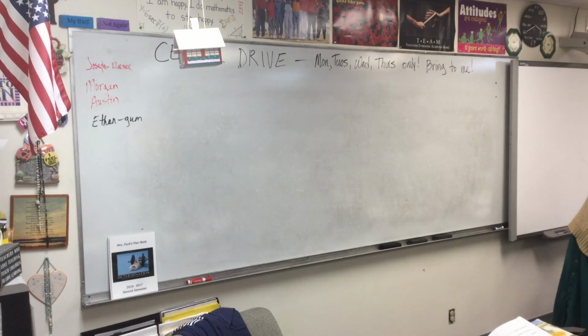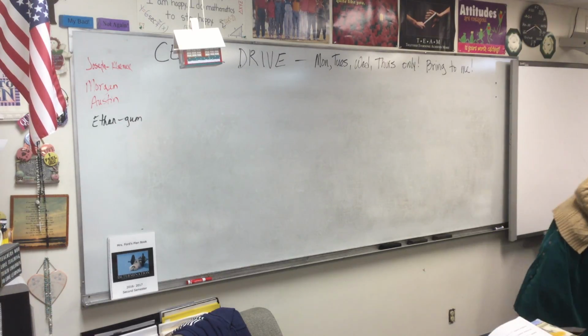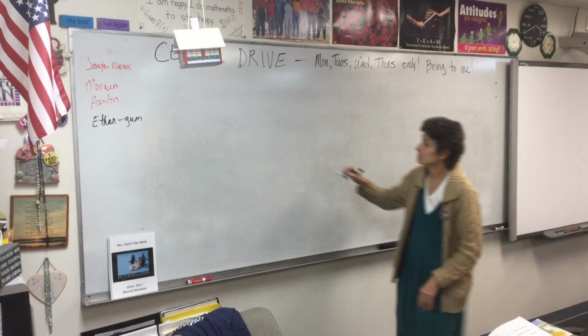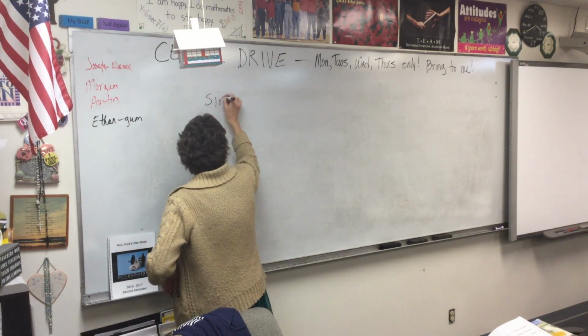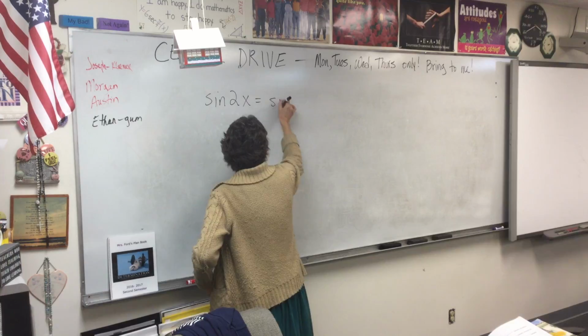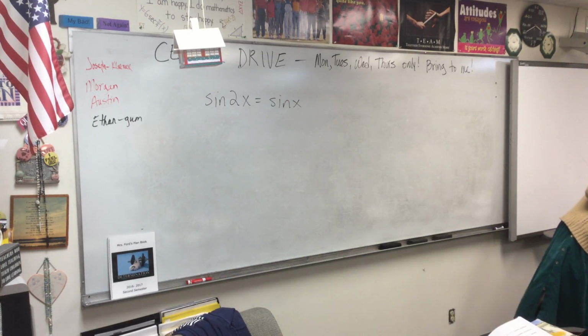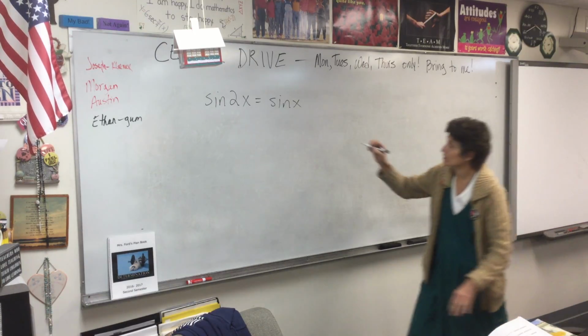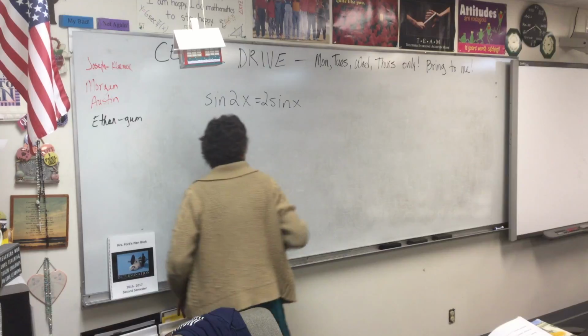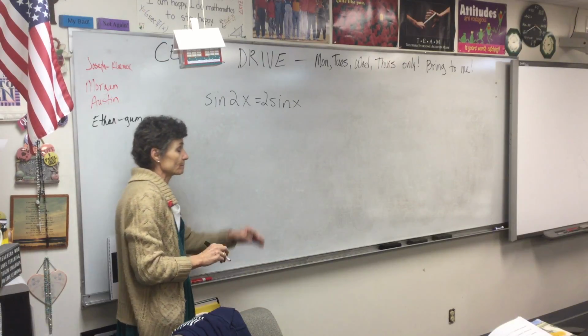Alright, I am on section 5.4 now. Section 5.4. And I am going to solve equation number 5, because I want you to see another application of these double and half angle identities. So this is question number 5 in 5.4.